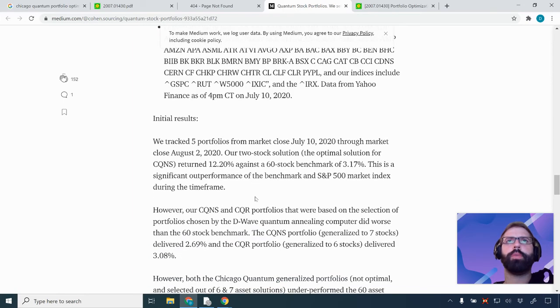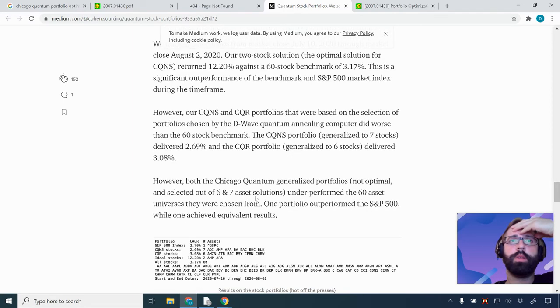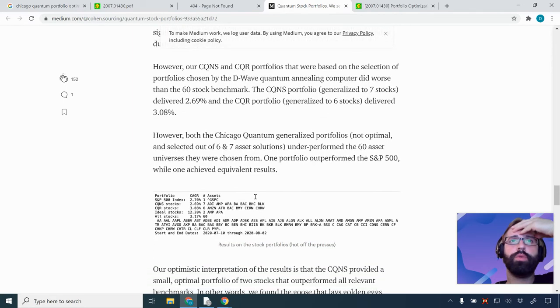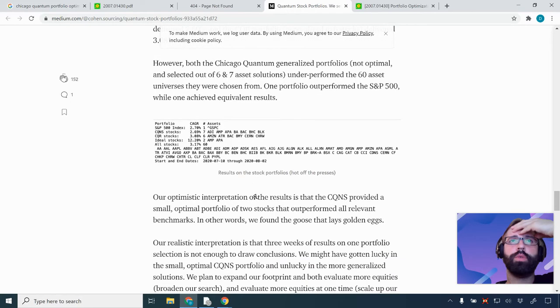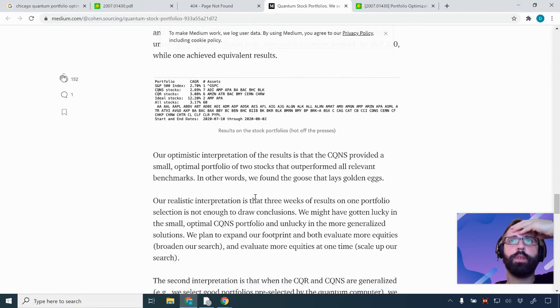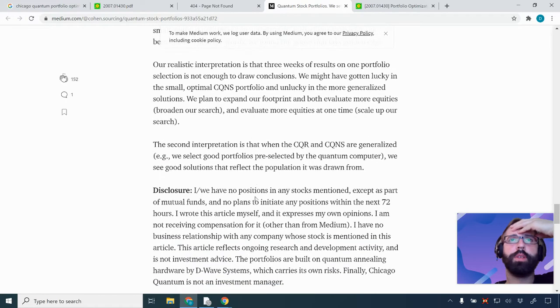We tracked 5 portfolios from market close July 10 through market close August the 2nd. Let's see the results. Okay, but I'm looking for the CQNS.